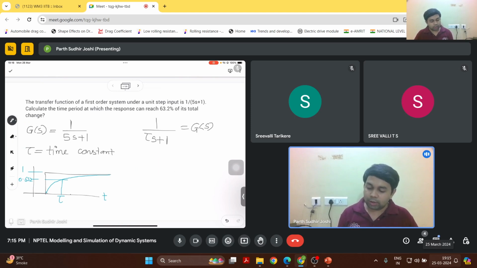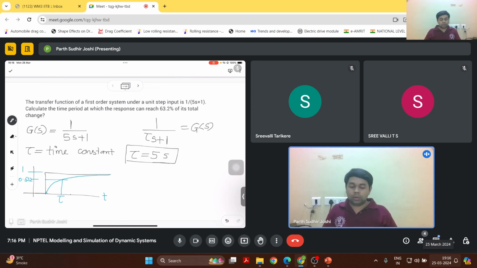So if we compare this with the transfer function for our problem, we can say that tau is equal to 5. So in 5 seconds the response of the system will reach 63.2% of its steady state value.